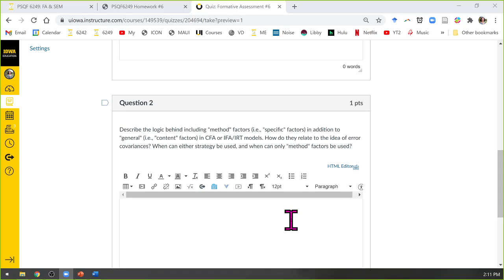So this is where IRT versus CFA does matter. In CFA land, you can always put in a residual covariance, or you can do a method factor. In IRT land, it depends on estimator. So Jordan says, how about WLSMV? In WLSMV, you can have error covariances.